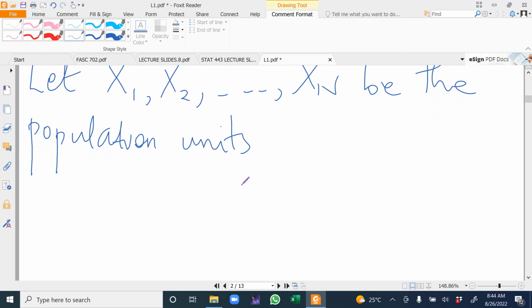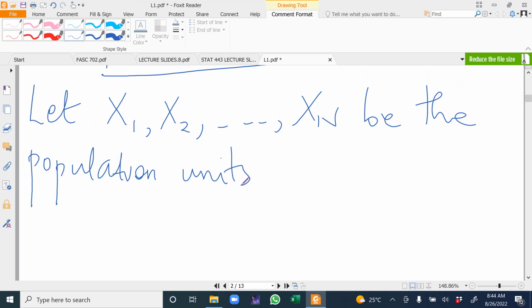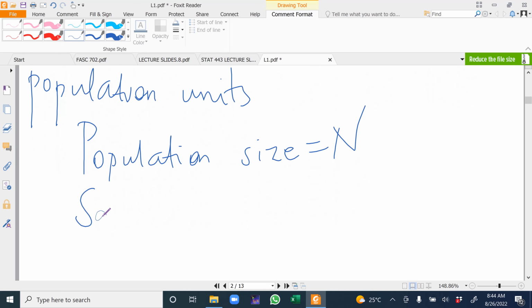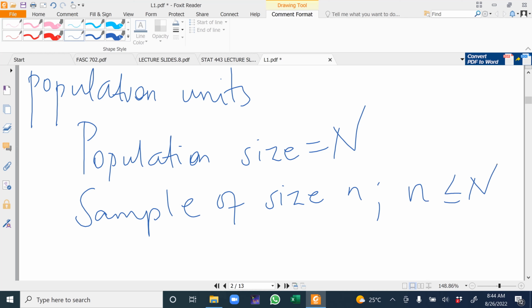Because we have capital N units in the population, the population size is equal to capital N. From this, you need a sample of size small n, so n is less than or equal to capital N. Remember, if small n is equal to capital N, it implies that you are conducting a census.